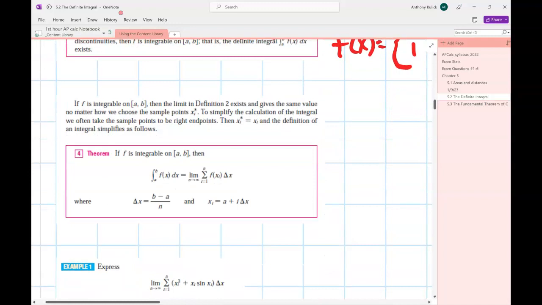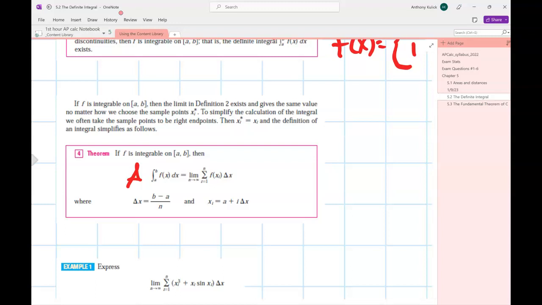So we have: if f is integrable on a, b, then the limit in definition 2 exists and gives the same value no matter how we choose the sample points. To simplify the calculation of the integral, we often take the sample points to be the right endpoints. So our definition of our definite integral just simplifies down to this, which is the same definition we saw in section 5.1.